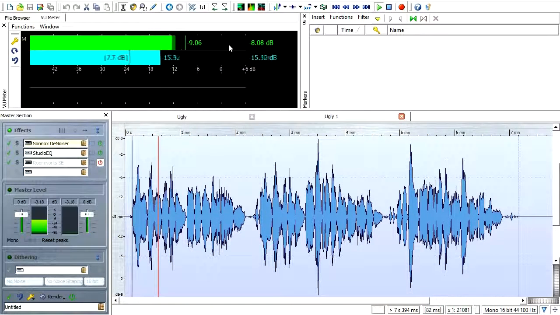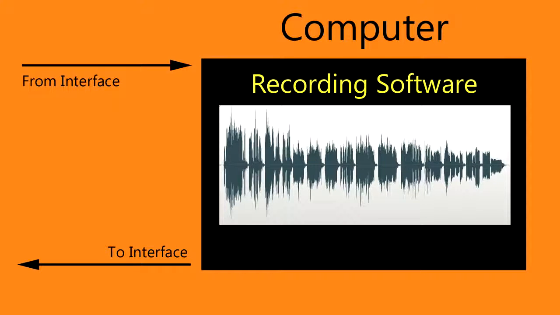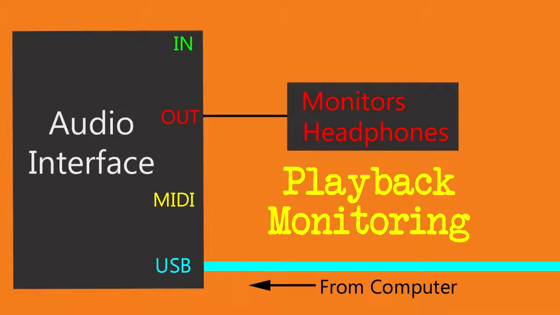The recording software on the computer converts that data into a sound wave. That data can be sent back to the interface, where it will be converted into an analog signal that can be played through headphones and monitors.